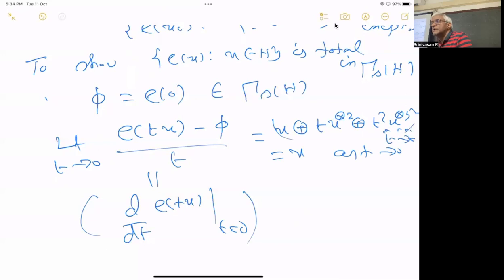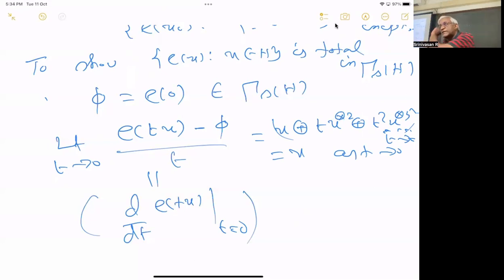You are dividing in the numerator, so there is no problem. When t goes to 0, everywhere else you will get 0. So the finite particle vector u, when I say u, it is 0, u, everywhere else 0. So you got the u.